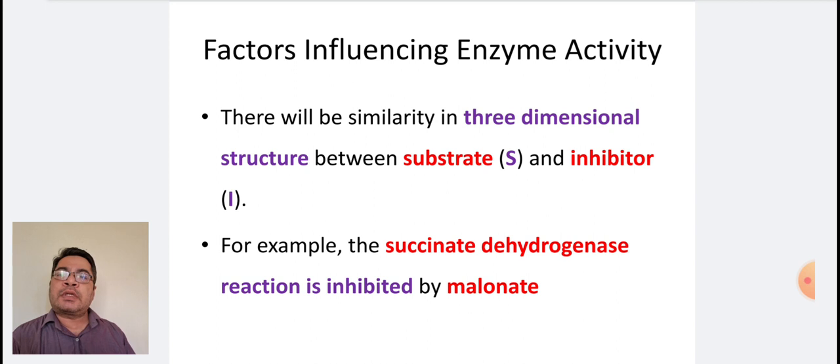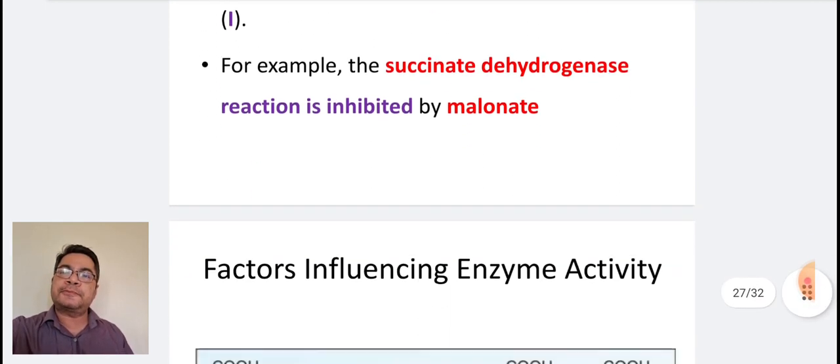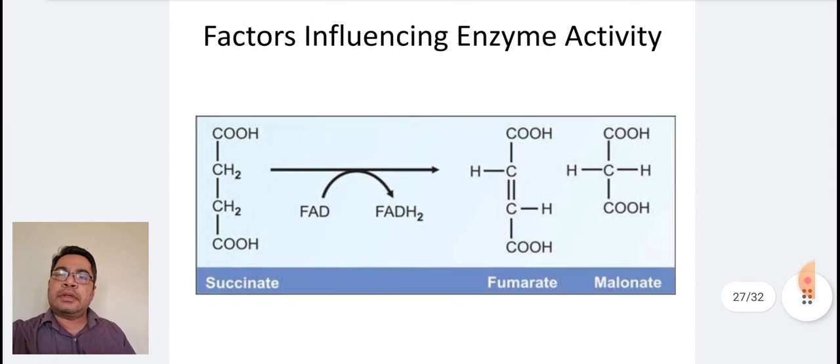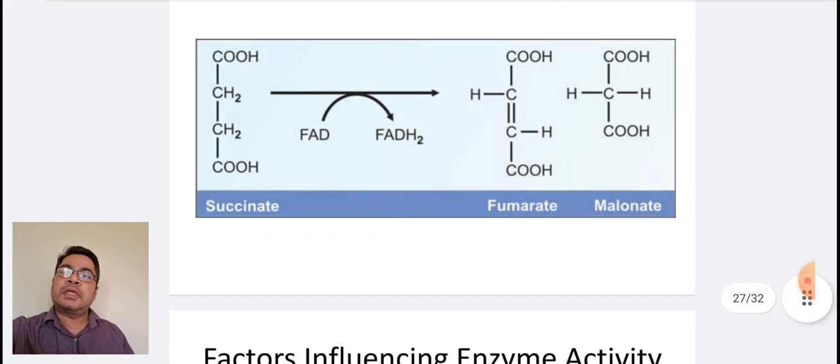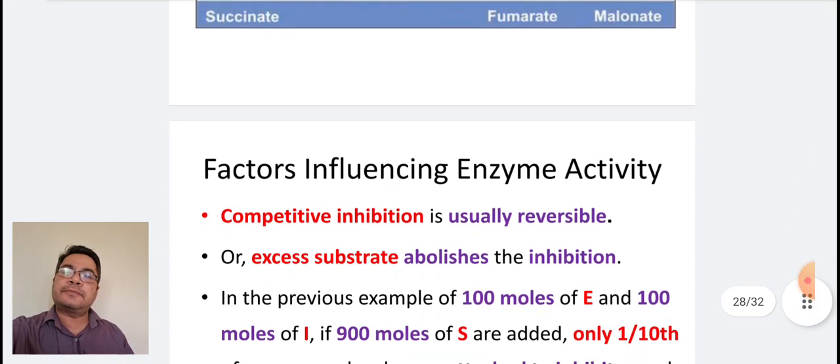For example, the succinate dehydrogenase reaction is inhibited by malonate. In this diagram, we can see that succinate is converted to fumarate, while malonate is a structural analog of the succinate, which inhibits the reaction.